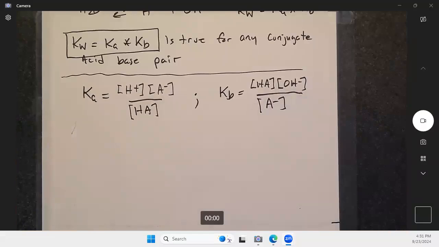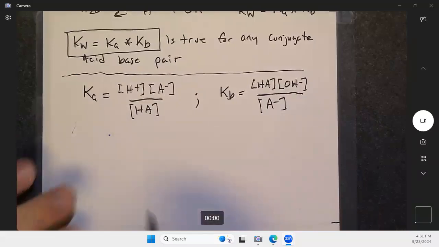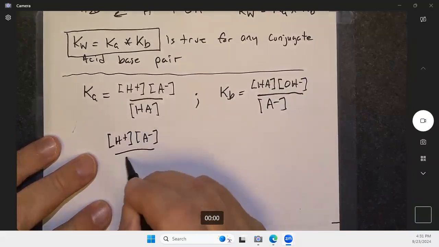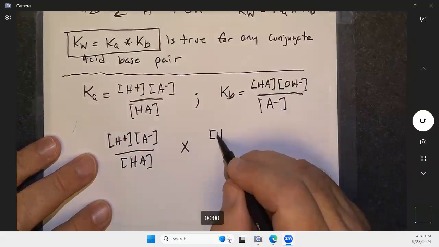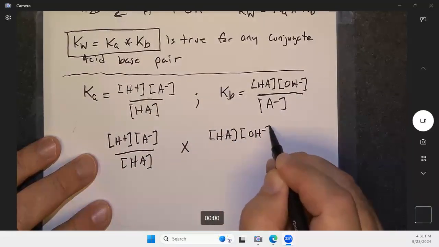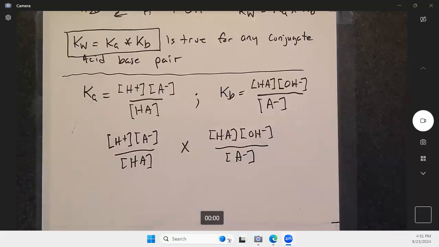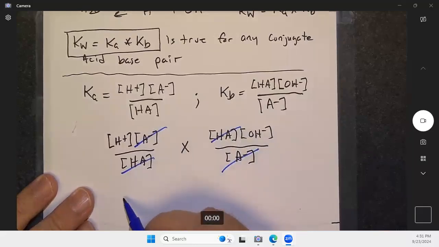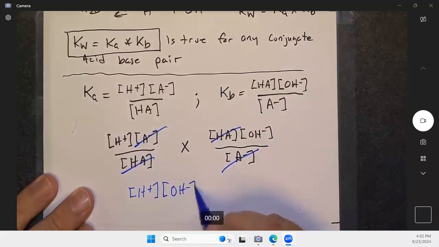So now if I multiply these two equilibrium expressions times one another, A minus cancels, HA cancels, and I'm left with H plus times OH minus, which is equal to Kw.